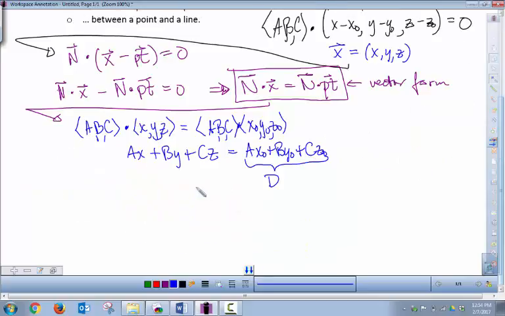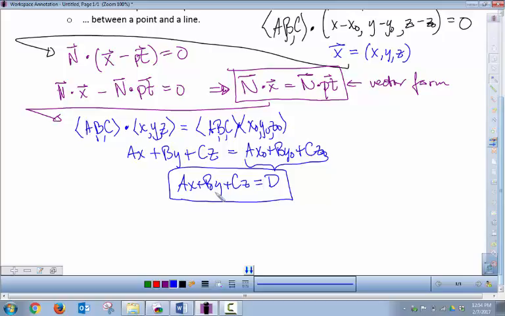So the scalar equation we should be looking for would look something like this: AX plus BY plus CZ is equal to D.